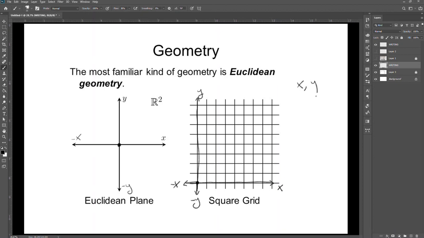The coordinates are written x, comma, y, and we can use this to plot points on the graph. Each of the tick marks on the axes equals 1 in this example, and we can also tell what direction something is going to be moving in based on the coordinates.